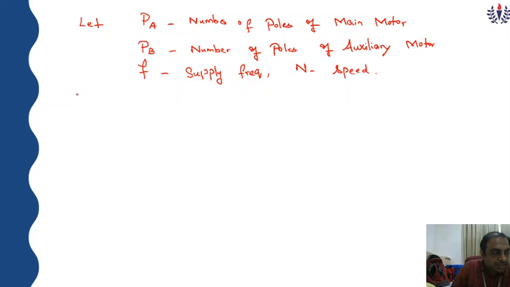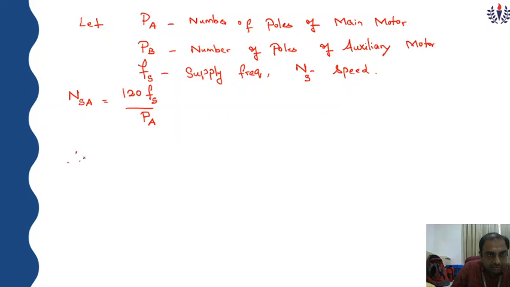Now NS is the synchronous speed. NS for motor A: we know the formula NS equals 120 Fs by P, where Fs is the supply frequency, so 120 Fs by Pa for motor A. The speed N is the same for both motors, as they are mounted on the same shaft.